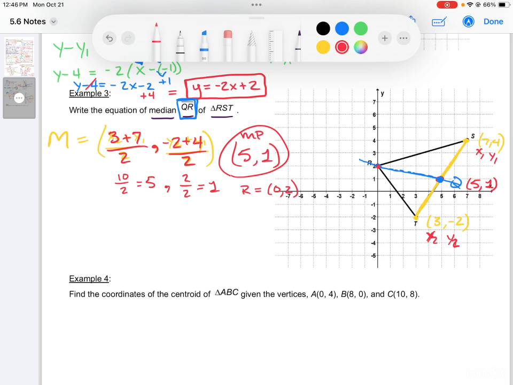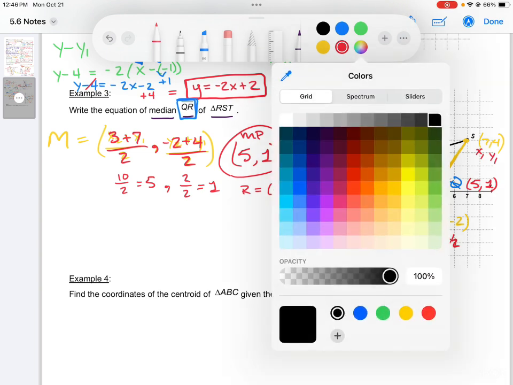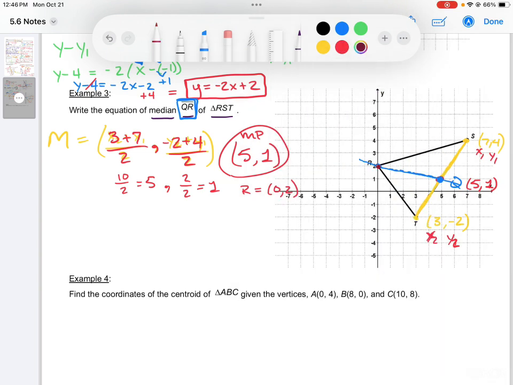So I can use those 2 points and find their slope. And the nice thing is that this point R is already a y-intercept.